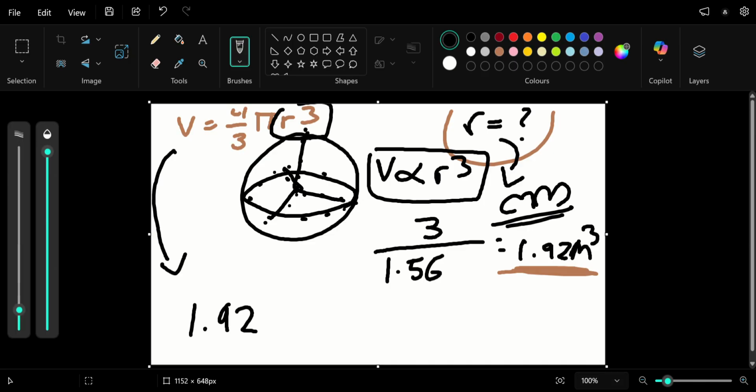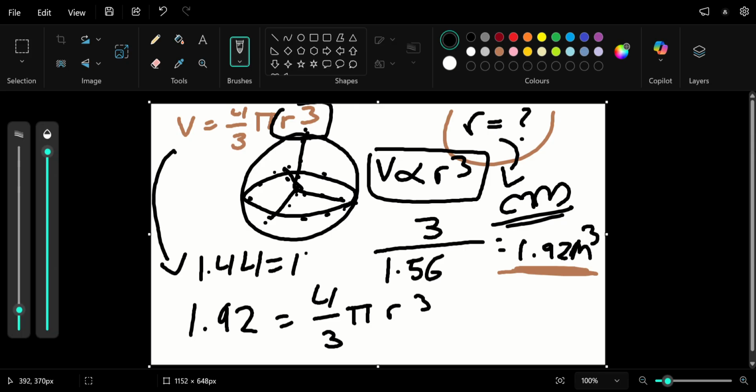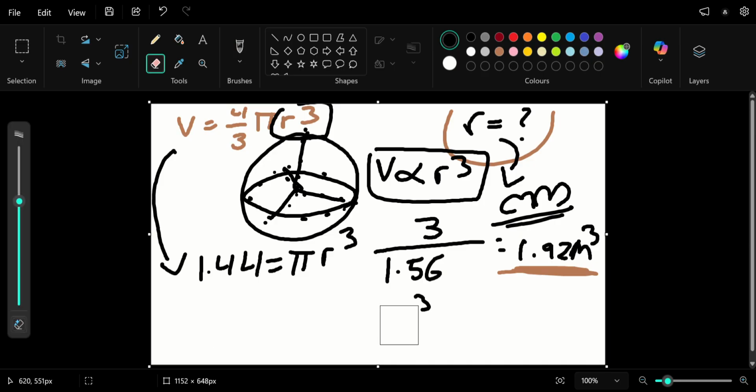So we know our volume, 1.92, volume of the sphere equals 4/3 pi r cubed. We can rearrange for r cubed by simply dividing by 4/3. So 1.92 divided by 4/3 into our calculator will give us an answer of 1.44. So 1.44 equals pi r cubed.